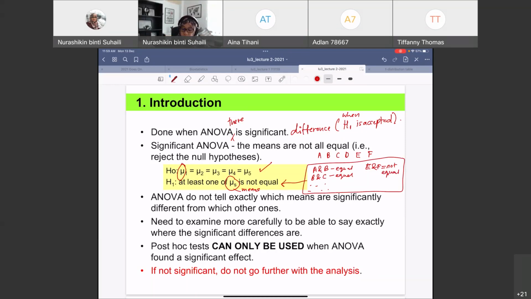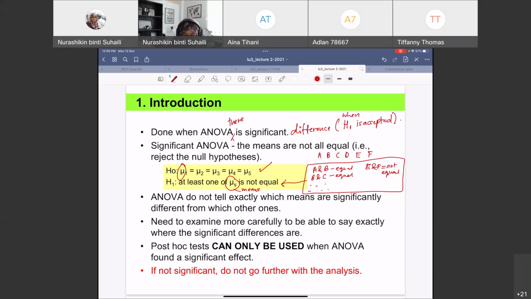But if at least one is not equal and the rest are equal, that is enough to make the whole data fall under the alternative hypothesis. Understand? That's why we need to find which pair is not equal. That is the rationale, or the reason, why we do the post-hoc test.